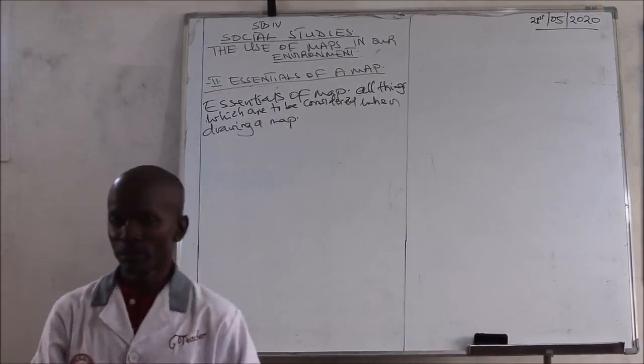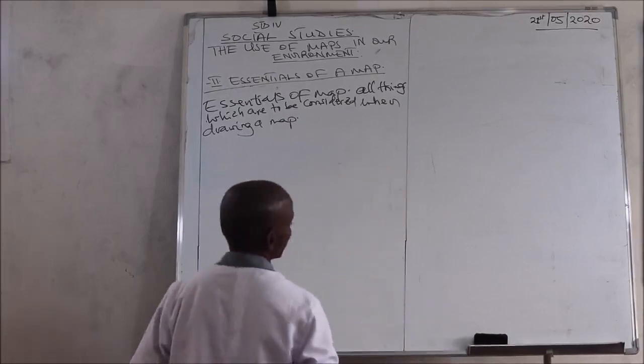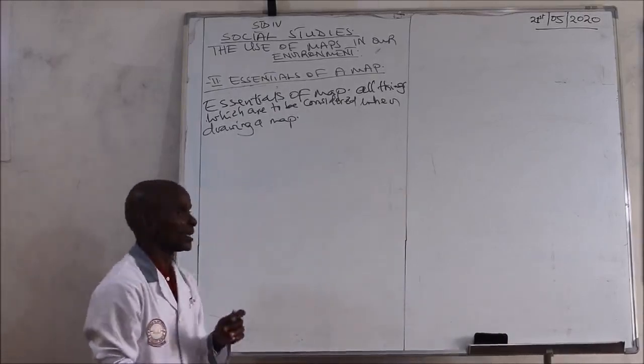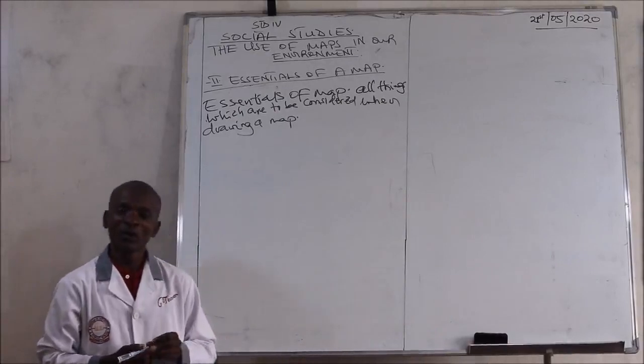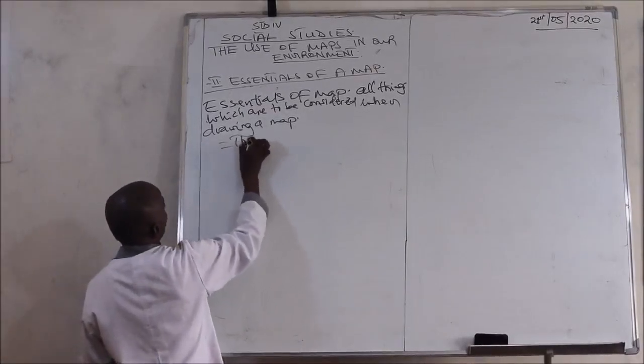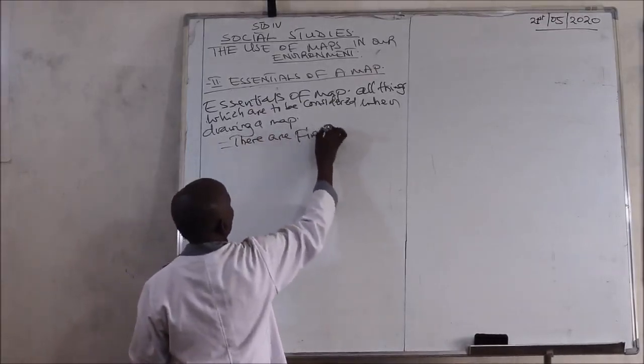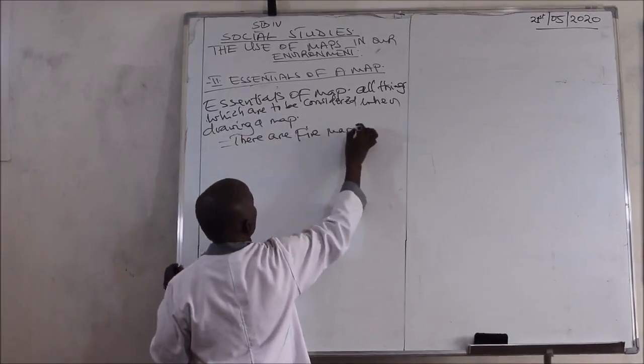When drawing a map, we can say a map has 5 main essentials. There are 5 essentials of a map.